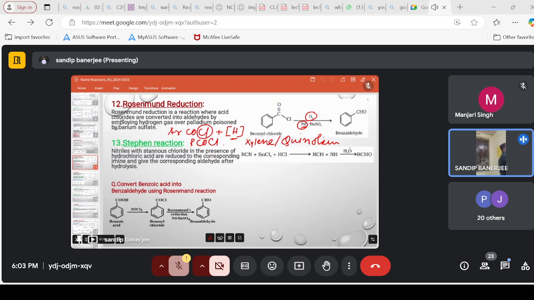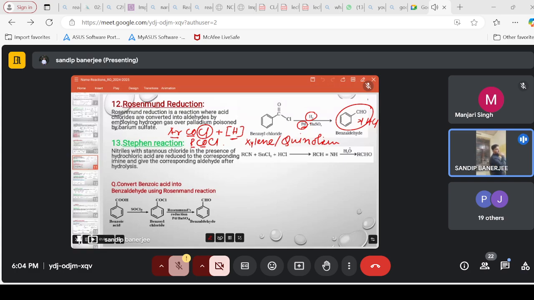By this replacement, two atomic hydrogens form, and that will replace one Cl as HCl as your byproduct, and the remaining part, ArCO and hydrogen, or RCO and hydrogen, forms as your product. But please be careful about it. By this reaction you can get solely the aldehyde, not the ketone.